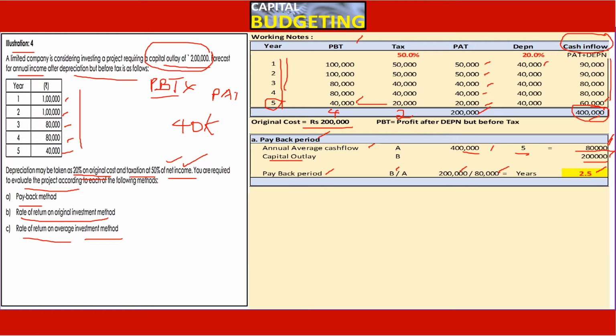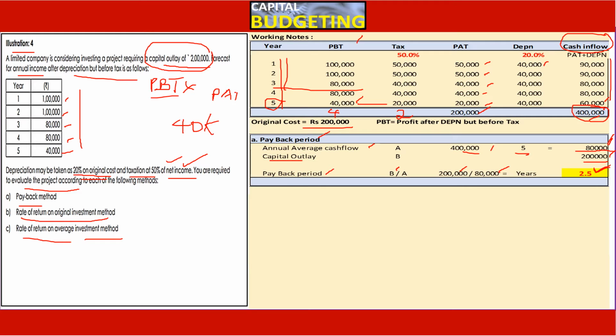In the sense, the investment of 2 lakhs can be recovered within 2.5 years, although the plant is working for 5 years. If the cost is recovered in 2.5 years, the balance 2.5 years is your straight profit. This is the payback period logic. First 2.5 years, you recover your money, and thereafter whatever you earn is your profit on the investment.